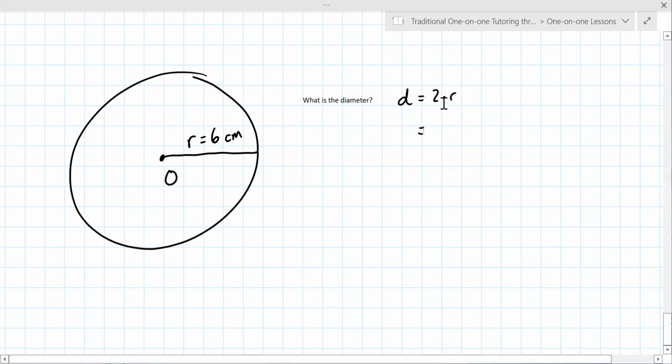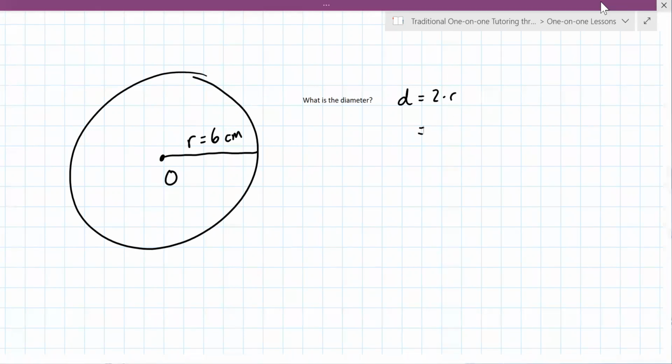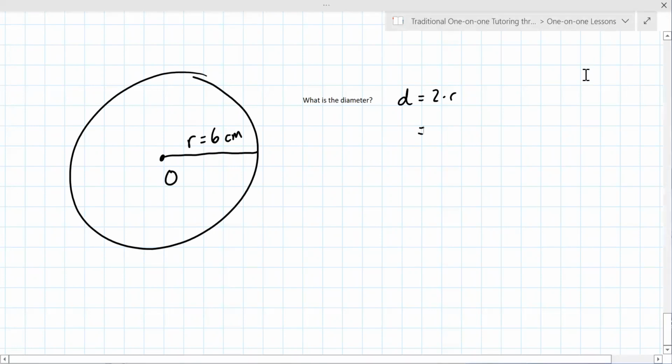What is the radius? 6. Okay, so can you multiply those for us? Yep, that's 12. 2 times 6, which is 12 centimeters. The diameter is a length. Okay, now next question.